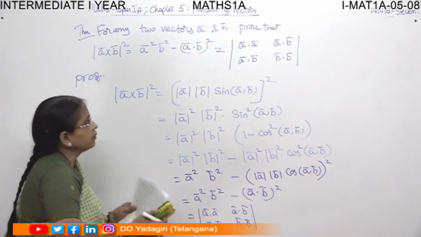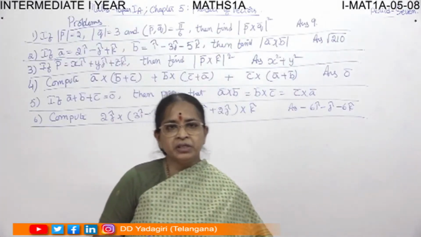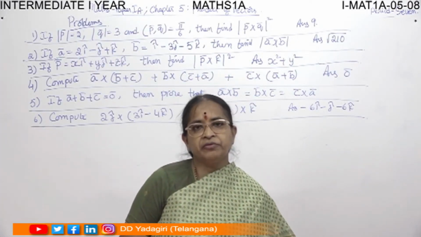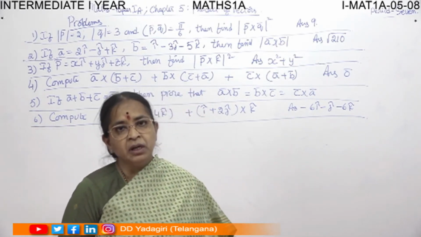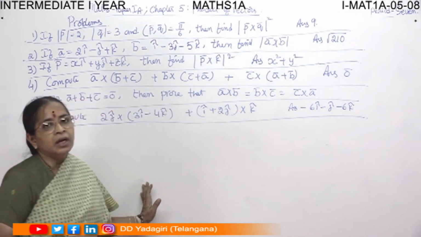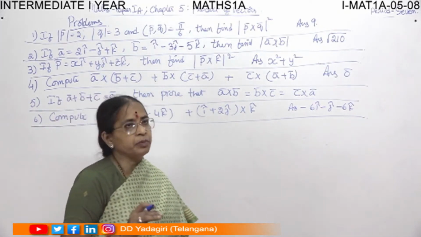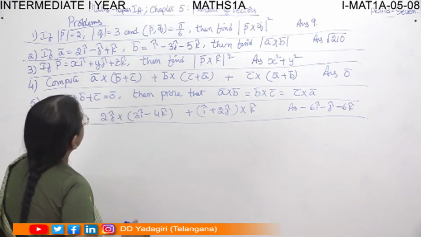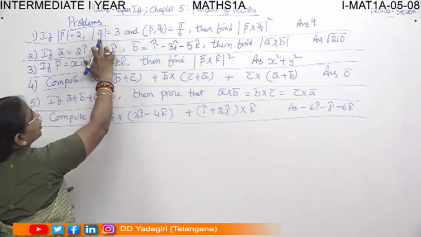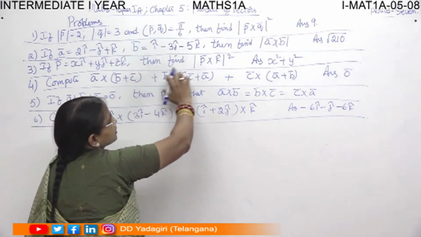First we'll write some problems and then we'll solve. So now we have discussed all the properties of vector product. Now we'll do the problems. In these problems, each problem is of a different type. See, the first one is: mod P is equal to 2, mod Q is equal to 3, and the angle between P and Q is pi by 6.